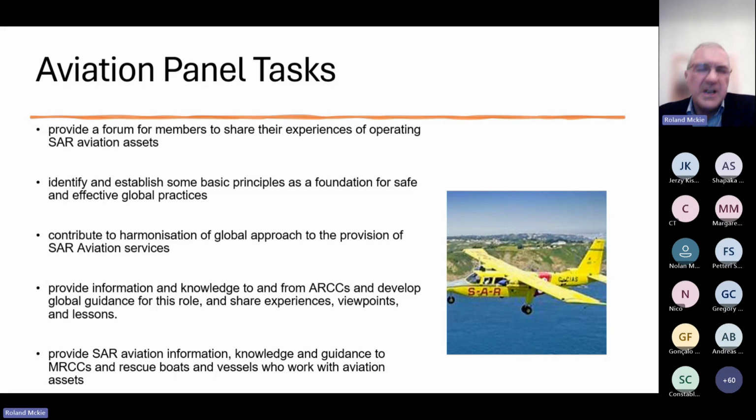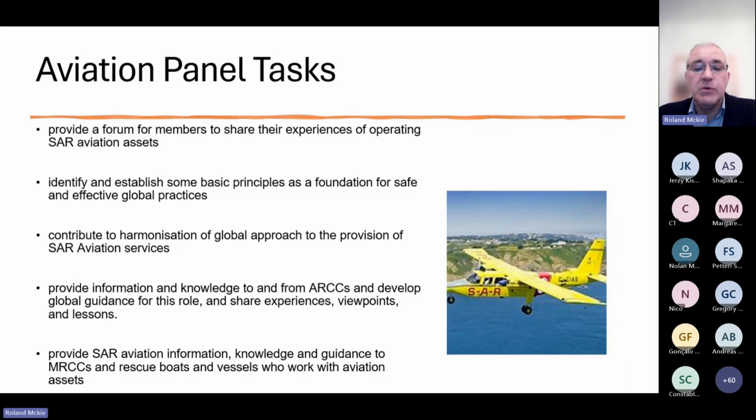So there will be guidance and advice. We wouldn't be imposing standards, but there is a conversation going on in ICAO Europe as I speak to develop some guidance material for SAR aviation practices so that we could contribute to this harmonisation of global approach to the provision of SAR services.